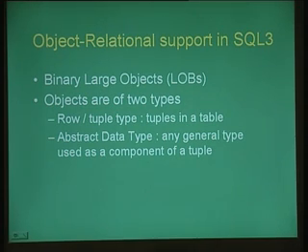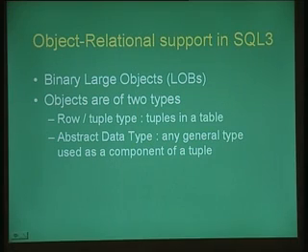So for example, you can have a media file like a video or a music file as part of an attribute type, and reference it and call it a binary large object. And there is also support for objects in the following ways, where the first thing is the creation of row or tuple types.